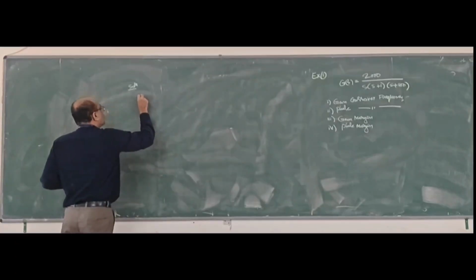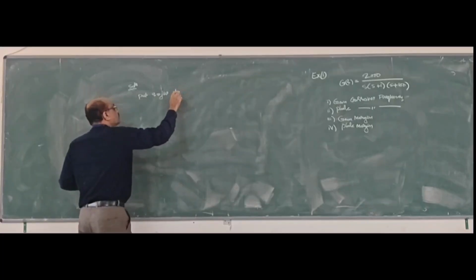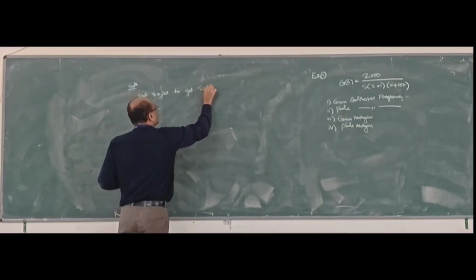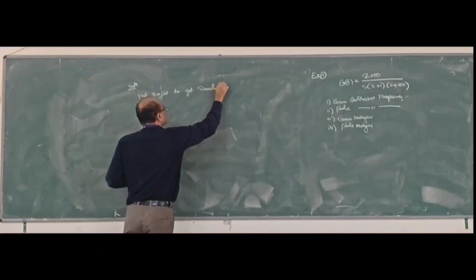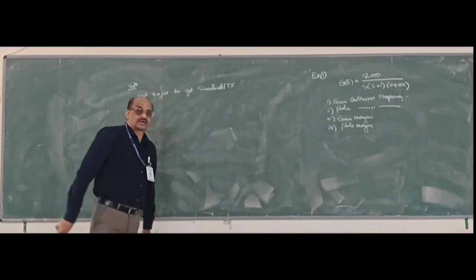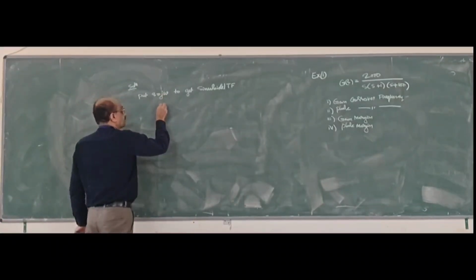Step 1 is put s equal to j omega to get the sinusoidal transfer function. Let it be G of j omega.